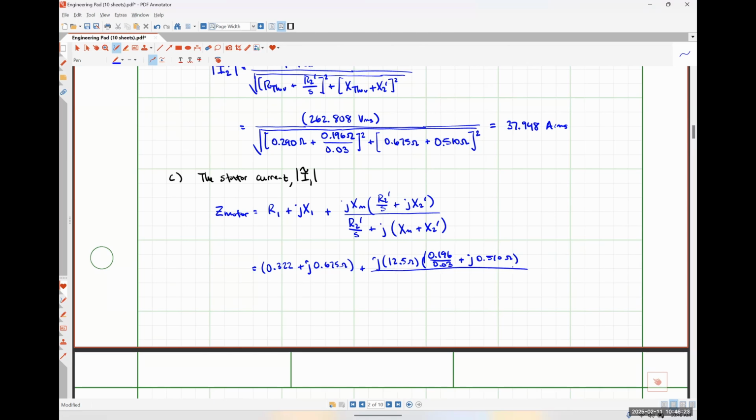And then down here in my denominator, I'll have that 0.196 over 0.03 plus J, and then this will be 12.5 plus 0.510.